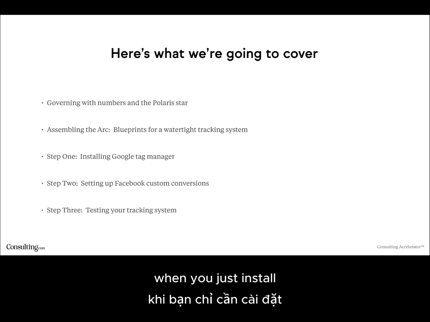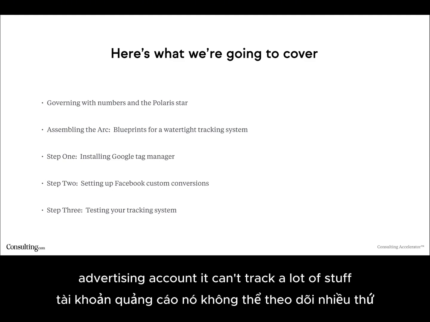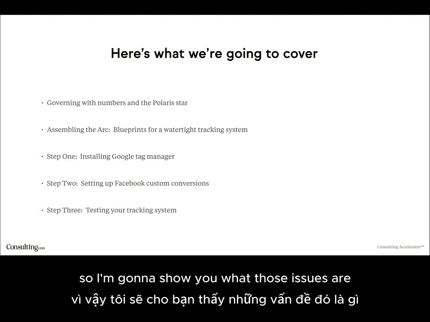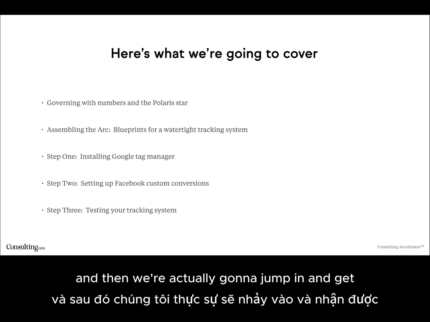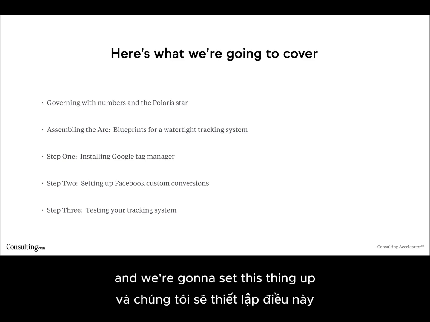When you just open or create a brand new Facebook advertising account, it can't track a lot of stuff. It has a lot of leaks in it, and this is really an issue. So I'm going to show you what those issues are, how we can fix them, and show you the blueprint for it. And then we're actually going to jump in and get our hands dirty and set this thing up.